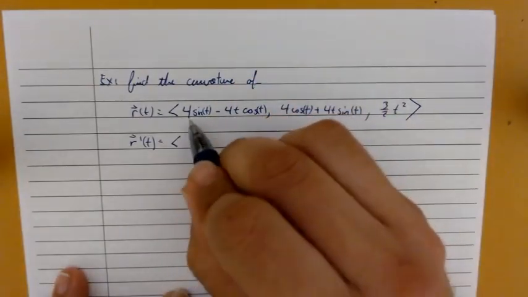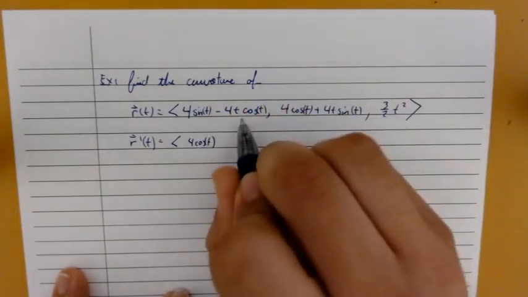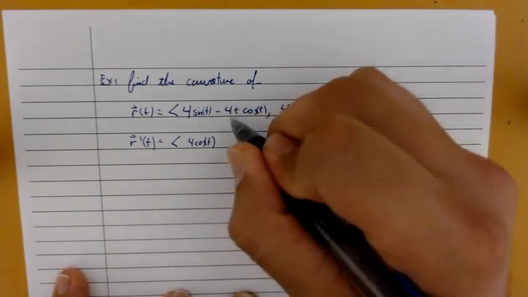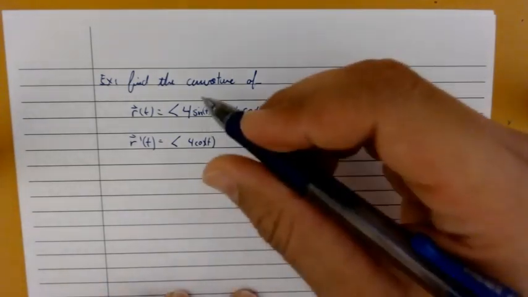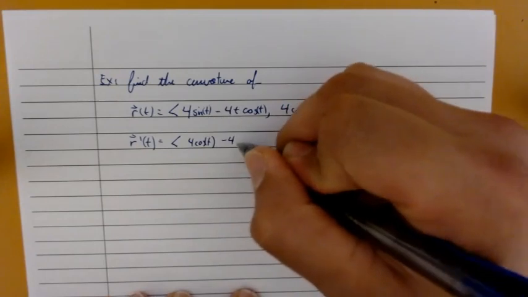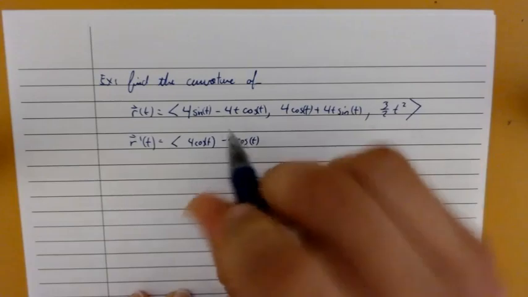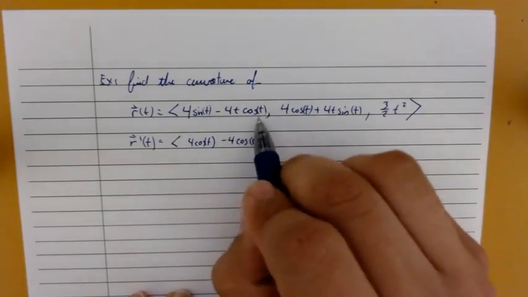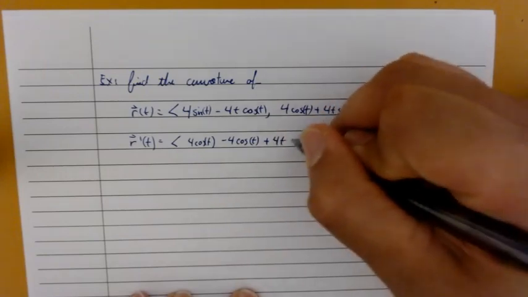That's going to be 4 times the cosine of t. Here we're going to need to use the product rule, so that'll be minus the derivative of the first times the second, so minus 4 cosine of t. And then the derivative of the second times the first. The derivative of cosine of t is negative sine of t, and minus and minus will make that plus 4t sine of t.